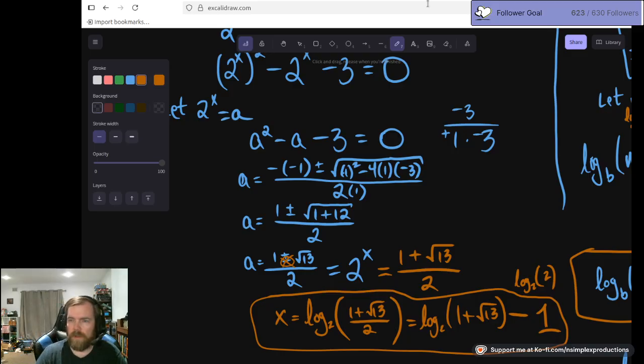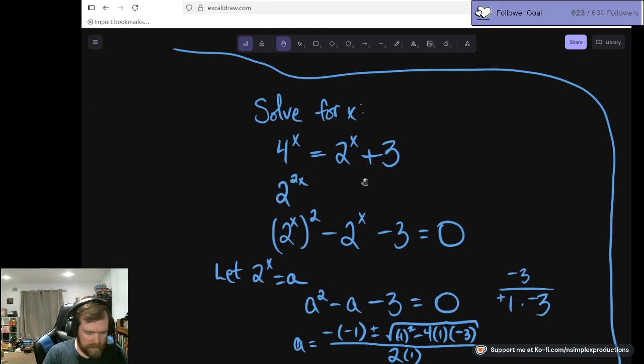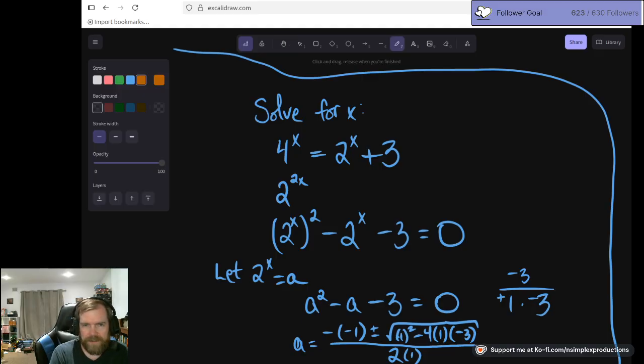Okay, we got that number. We want to do 4 raised to that number. 4 raised to memory equals 5.30277756 and change. Okay, and then we go to the other side and we say, what is 2 raised to that power?